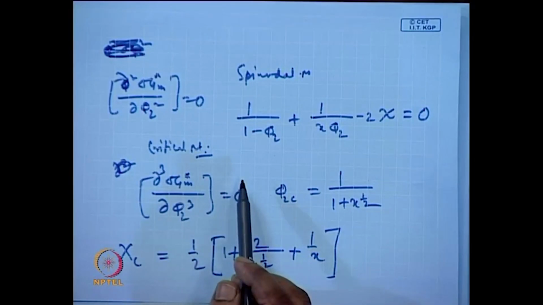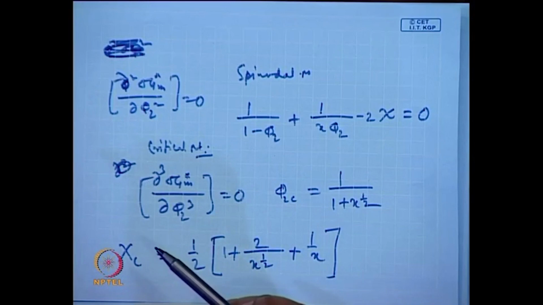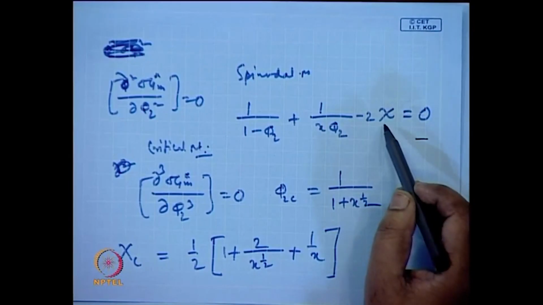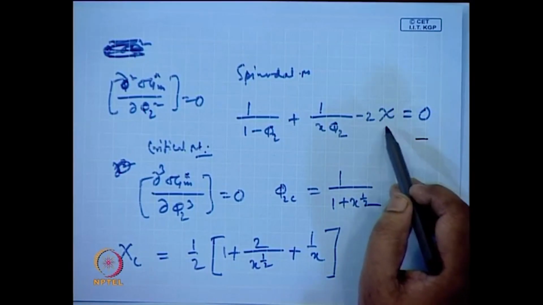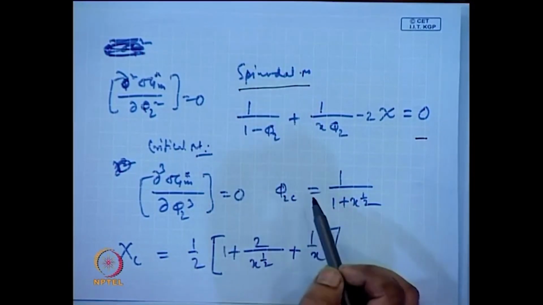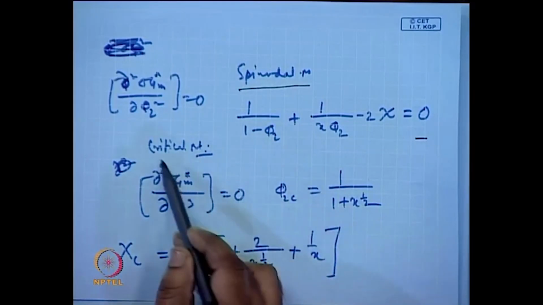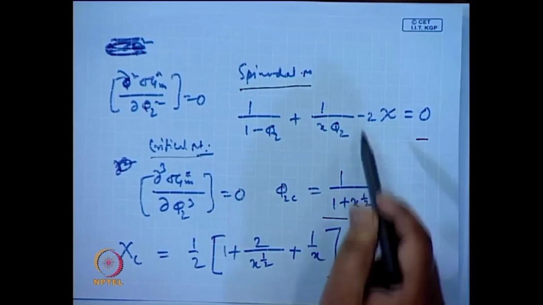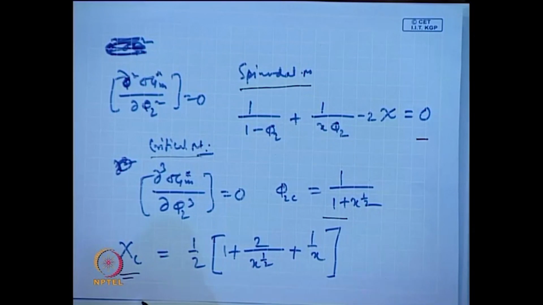If you just use the formula for the free energy and differentiate with phi 2, then you will get these expressions. Now, if you know the dependence of chi with temperature, then you can find out the spinodal points, and the critical points are given by this expression. If you combine these two, you can get the critical polymer-solvent interaction parameter by this expression.